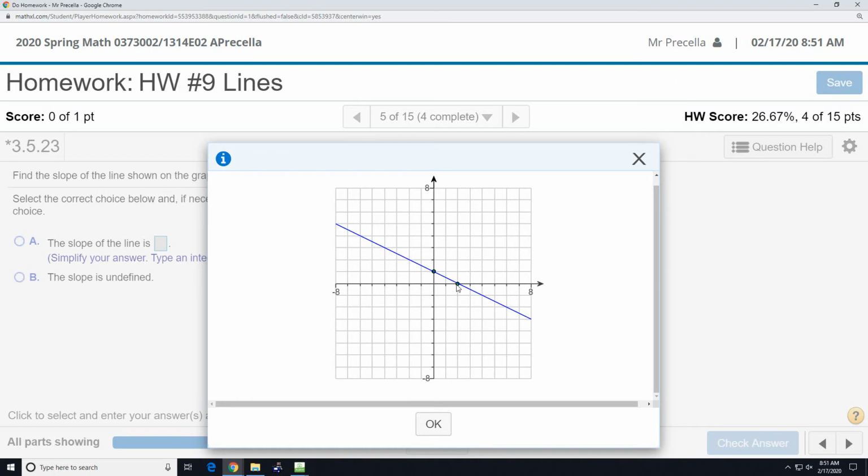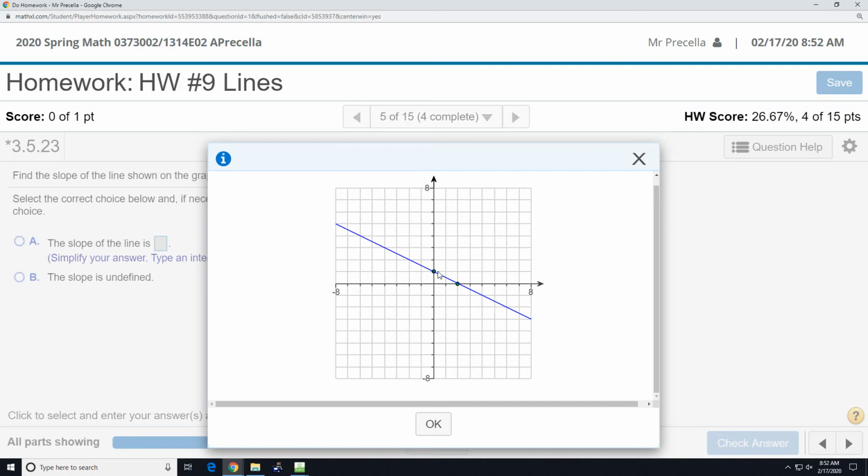If I were going to start here, I'm starting at the one on the x-axis, and I'm going over here to this one. First thing we do is up, down. Going from here to here, in words, I'm going up 1 and then how? Okay, left to right. Left 2. So I'm going up 1, left 2.